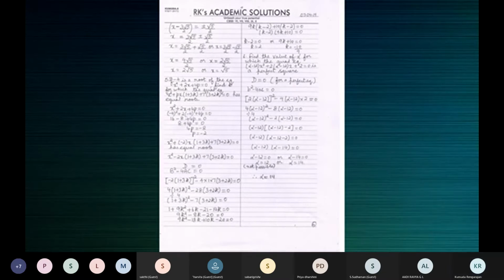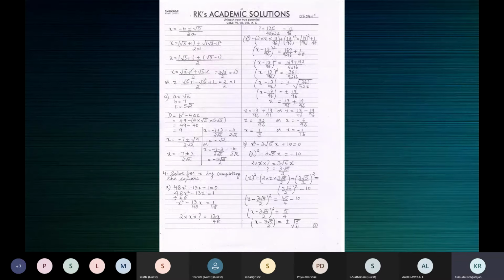Yes. So we have to continue by understanding the quadratic formula, the third method. Factorization we have seen, completing the square we have seen. Now next we have to understand how to solve a quadratic equation using the quadratic formula. Before that, we'll understand how the quadratic formula is derived.